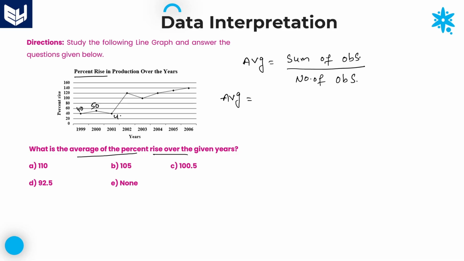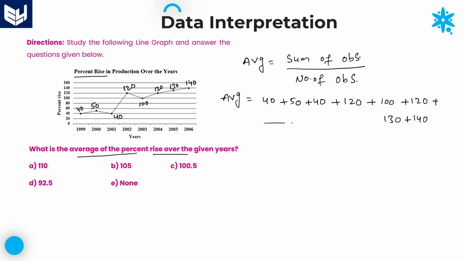The values are 40, 50, 40, then 120, 100, 120 again, 130 and 140. Now add all these values: 40 plus 50 plus 40 plus 120 plus 100 plus 120 plus 130 plus 140.